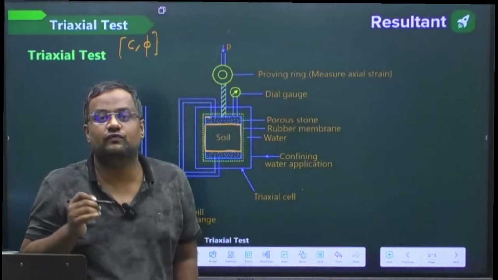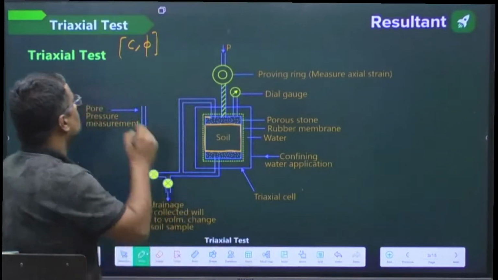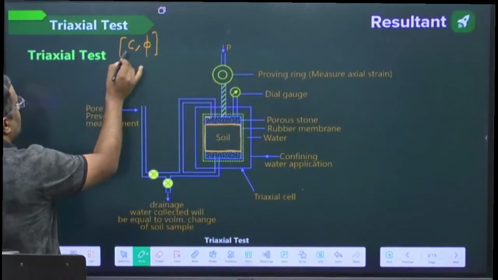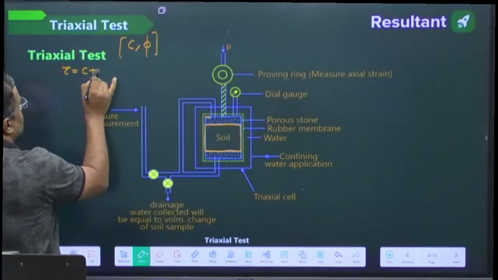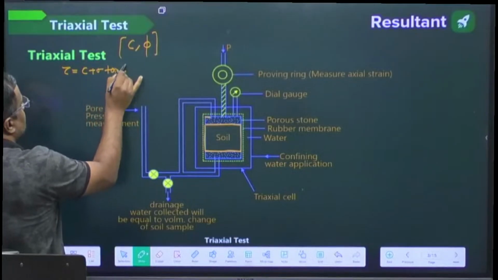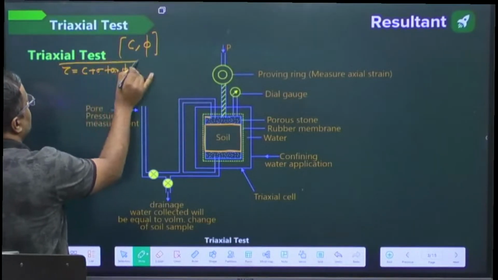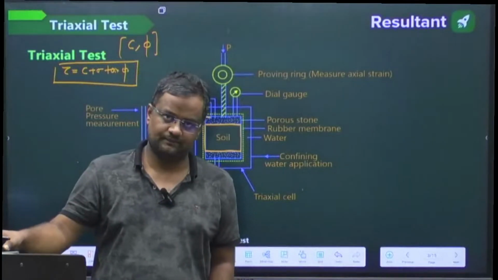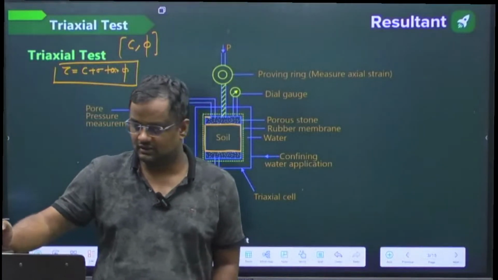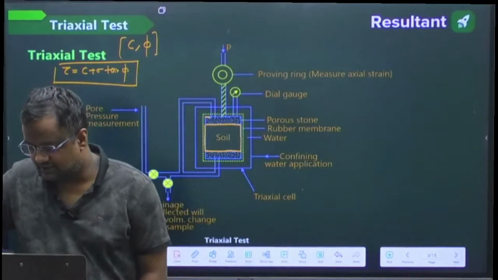Why do we want to find out C and phi? Because only when we find C and phi can we find the shear strength, C plus sigma tan phi. Only then will we be able to find the shear strength of that soil. For finding out the shear strength, we should know C and phi.